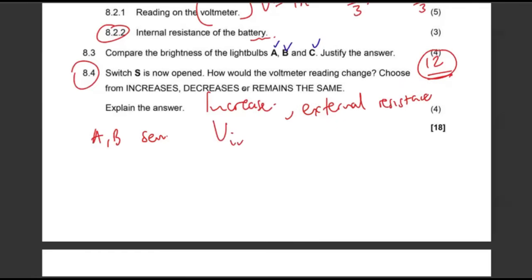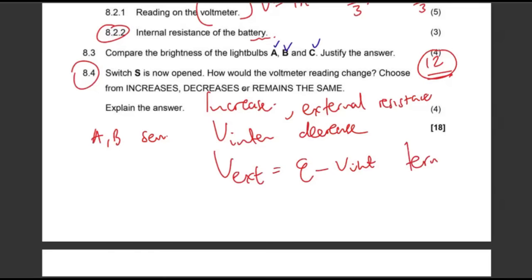We're saying V internal decreases, and then looking at the equation, V external is equal to EMF minus V internal, we're saying that the terminal potential difference across the terminals of the battery will increase.